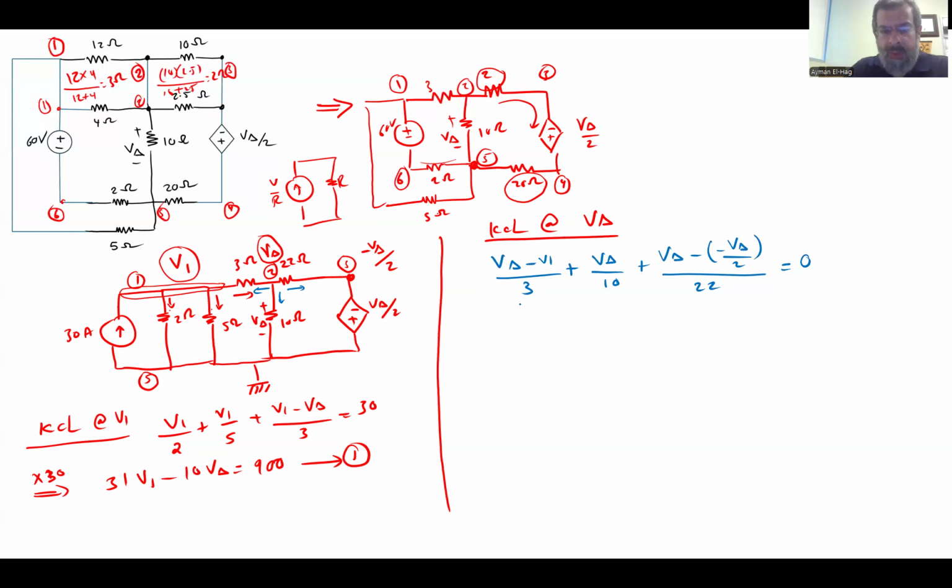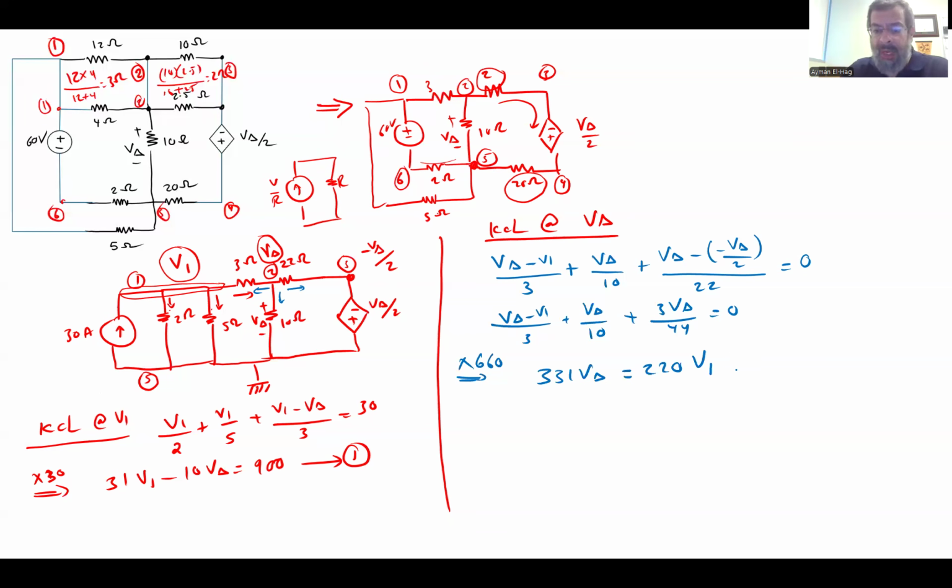Now this becomes V delta minus V1 over 3 plus V delta divided by 10 plus 3 V delta divided by 44 equal to 0. Multiply everything times 660, and this will give me one equation after modification: 331 V delta is equal to 220 V1.